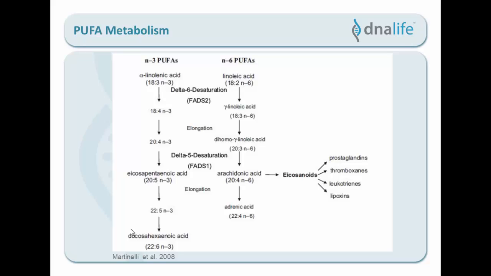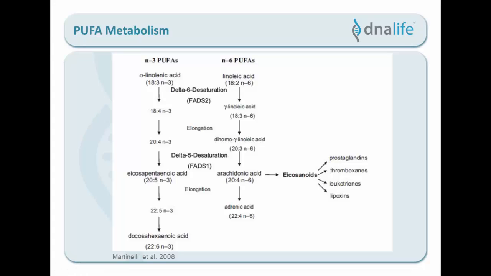And so SNPs in the FADS locus have been associated with blood concentrations of long-chain polyunsaturated fatty acids, as well as with cholesterol concentrations and mediating inflammation. So based on genetic variation in these genes, individuals may require different amounts of dietary polyunsaturated fatty acids or long-chain polyunsaturated fatty acids, so these bottom ones here, to achieve comparable biological effects.